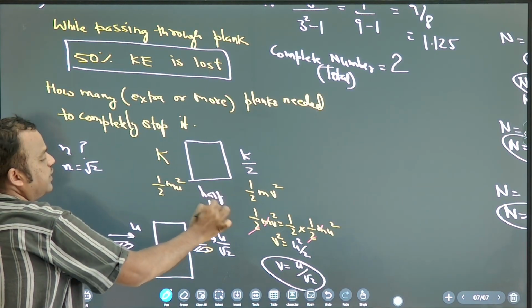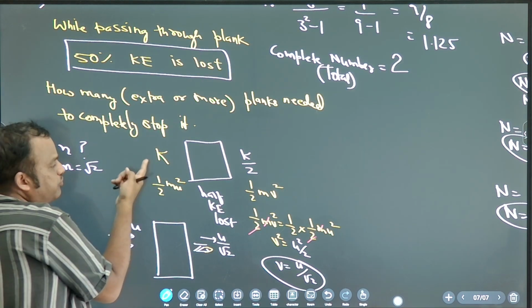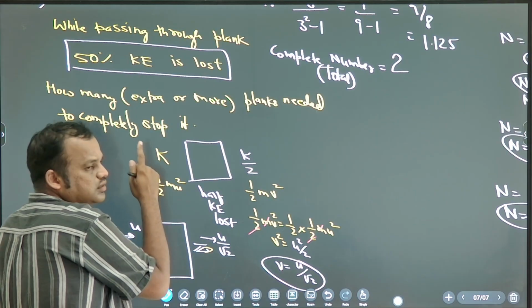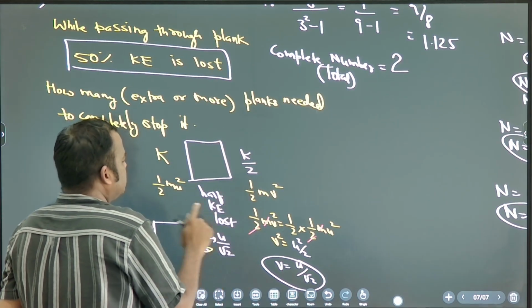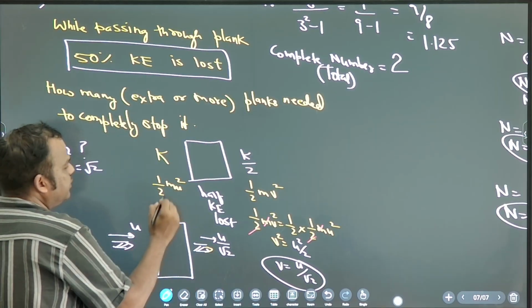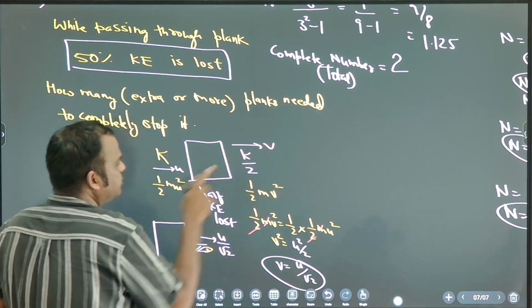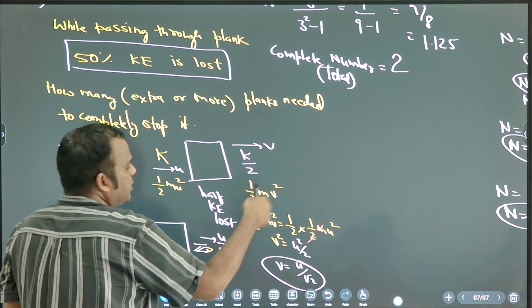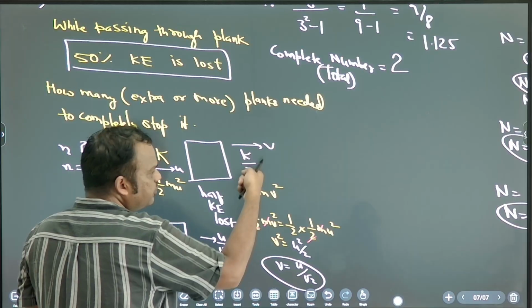The kinetic energy before is K, now K by 2. The velocity before is u, after it is V. So half mv square is equal to K by 2.